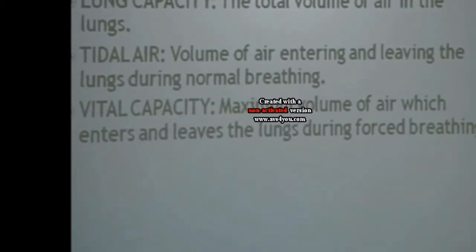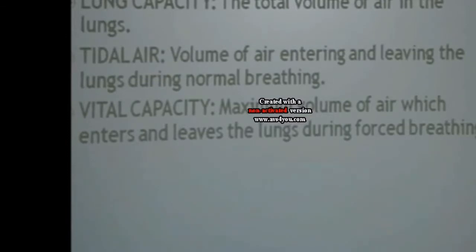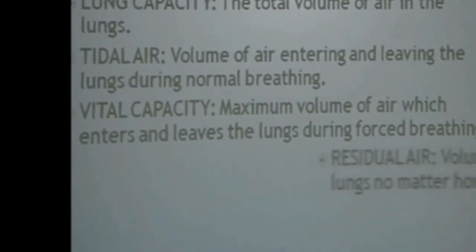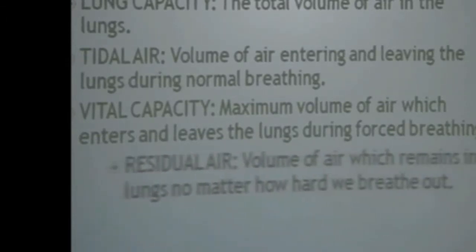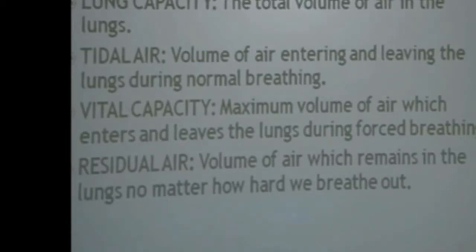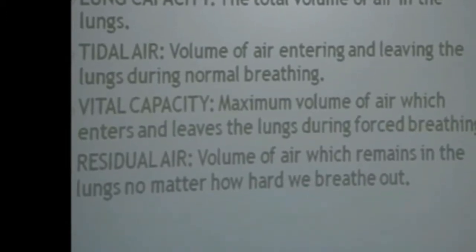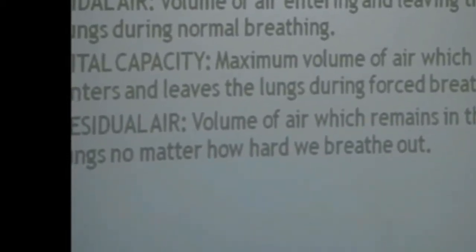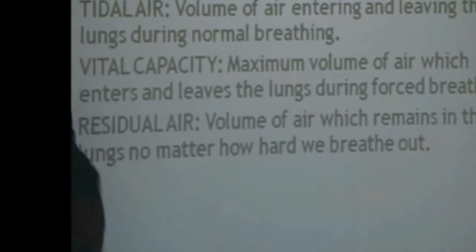There is another one which is residual air. What is residual air? It's the volume of air which remains in the lungs no matter how hard you breathe out. What this is saying is that you don't exhaust the air in the lungs even when you breathe out.